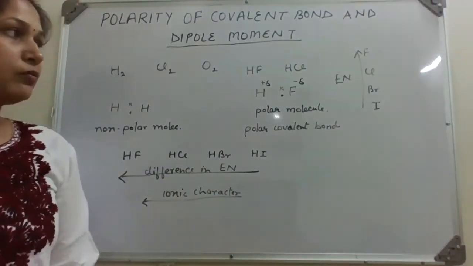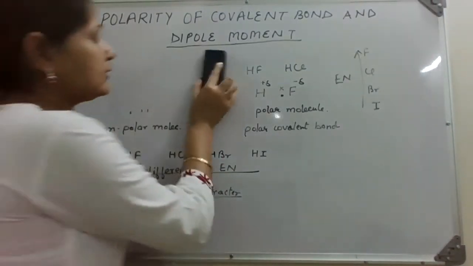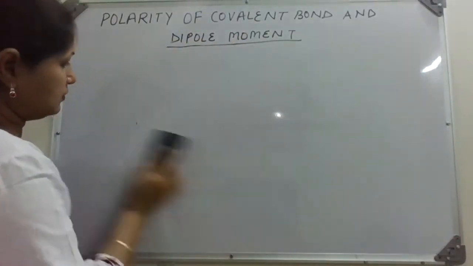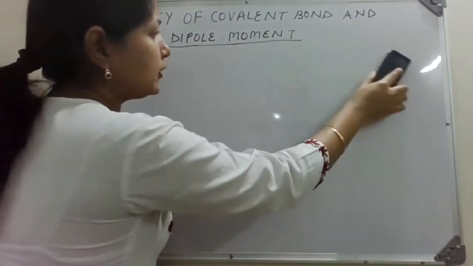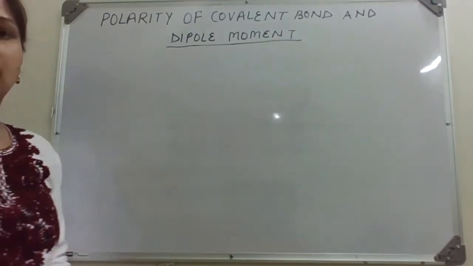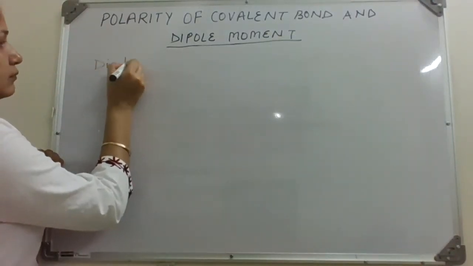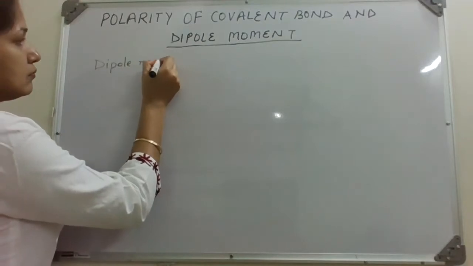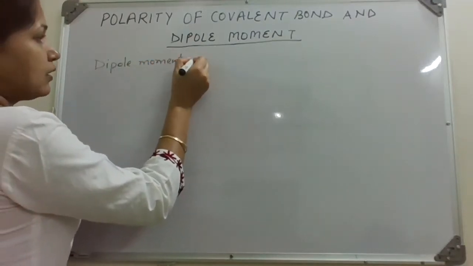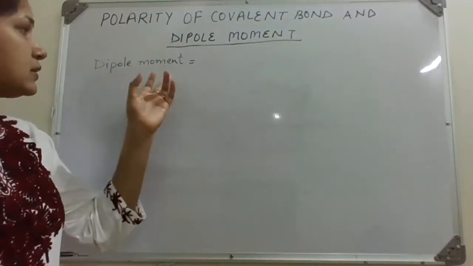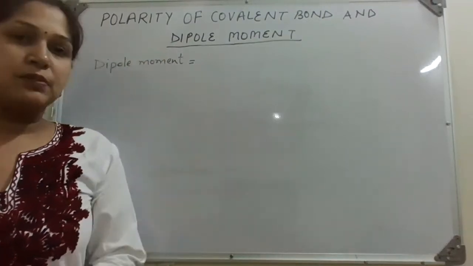This polarity of a molecule, or the difference in polarities of different atoms in a molecule, is numerically described in terms of dipole moment. Dipole moment is defined as follows.